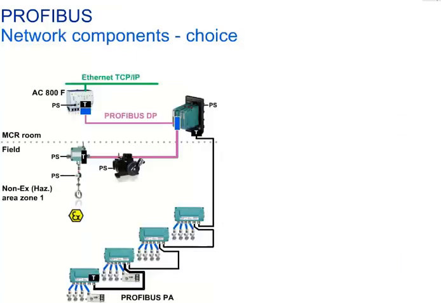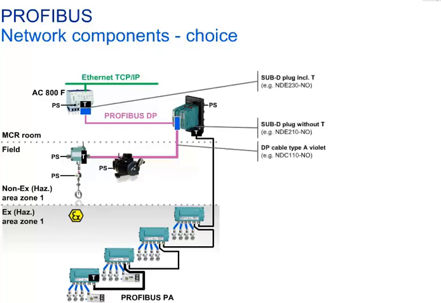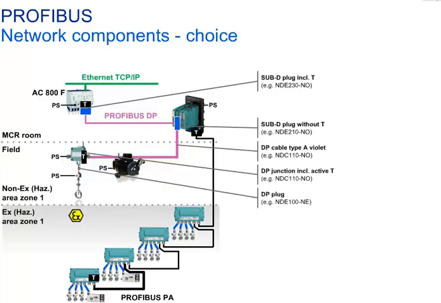Various network components are required for setting up a Profibus DP and PA line. You can see here a small example application with Profibus DP and PA field devices. The PA field devices are placed in a Zone 1 hazardous area. For setting up the Profibus DP segment, you need sub-D plugs, DP cables, DP junctions, and a Profibus DP PA segment coupler to prepare for the Profibus PA segment.